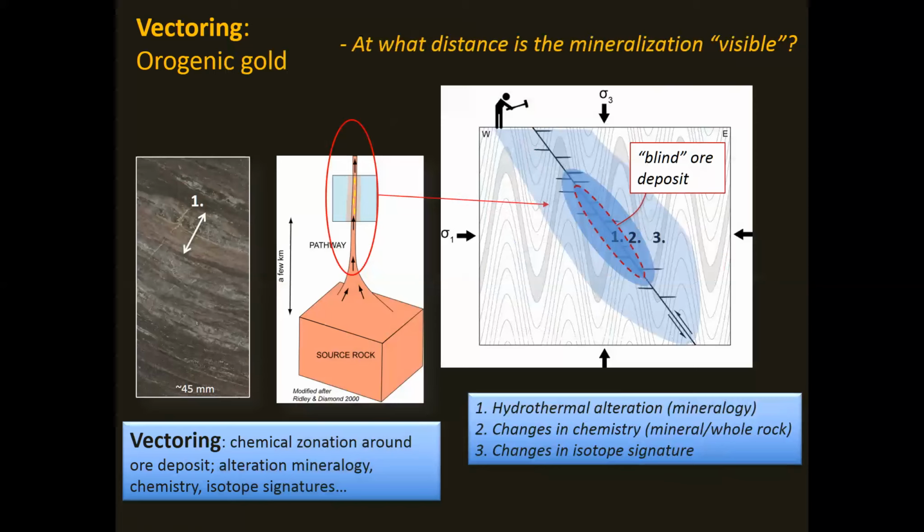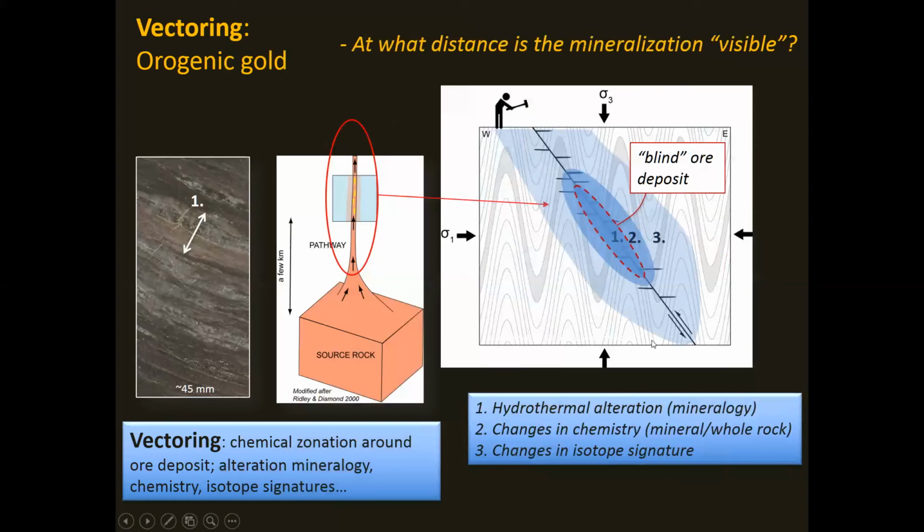So halo number two then, we will not see the arsenopyrite, but we will see changes in the chemistry of certain minerals. We can see it, for instance, in biotite or pyrite, which is in these sedimentary rocks. And also perhaps in whole rock data, but more likely in mineral chemistry data. And then going even wider, we will see changes in isotope signatures, which is the number 3 halo.